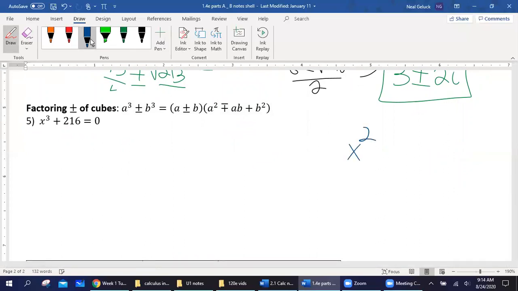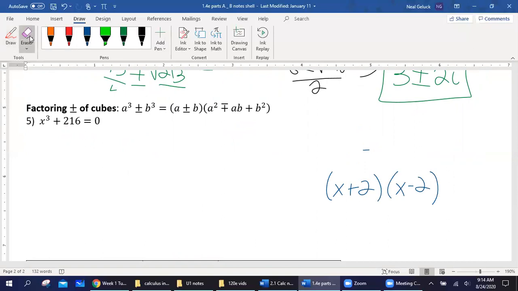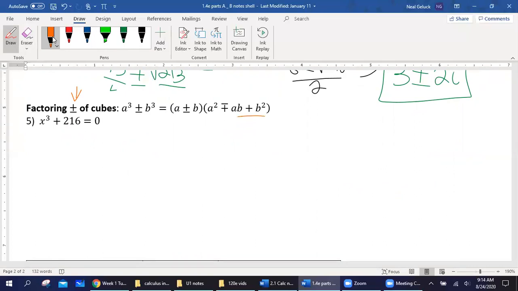Like if I have x squared minus 4, that factors into x plus 2 times x minus 2, something like that. If I have two cubes, it actually turns out that there's adding or subtracting them, sum or difference of two cubes. So it doesn't just have to be difference. And obviously it's going to be more complicated. This is how it factors.